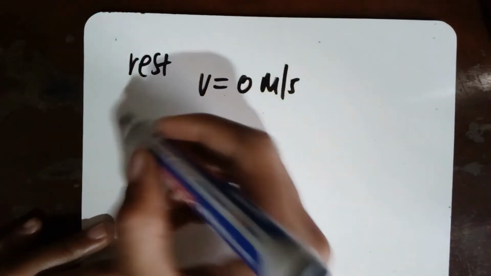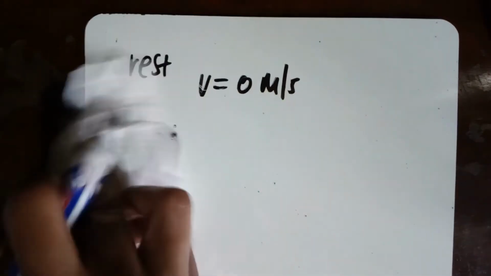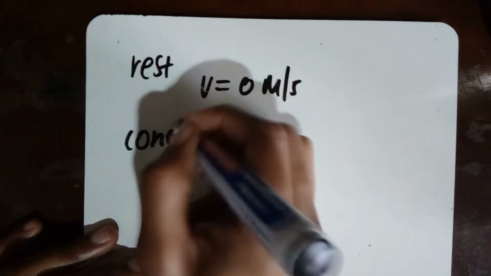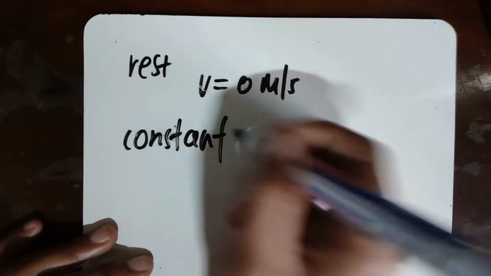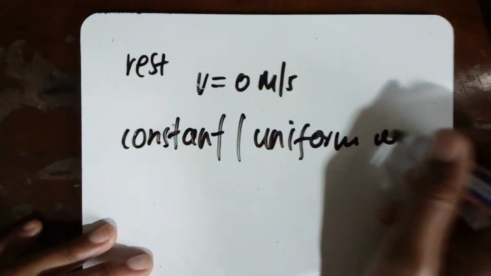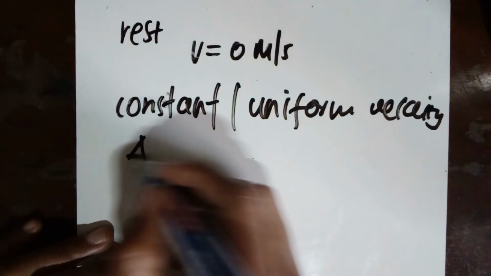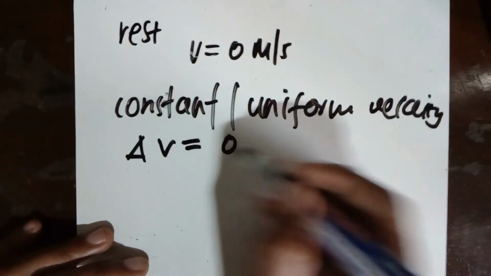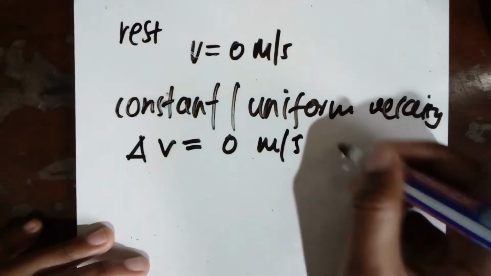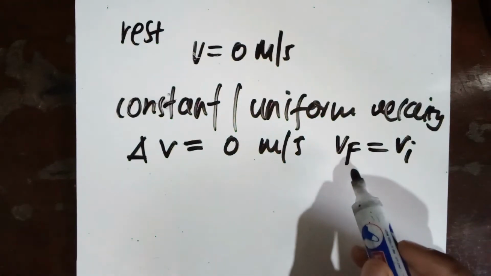Or objects that are moving at a constant or uniform velocity. So this means that the change in v is 0 meters per second, because Vf and Vi are equal.